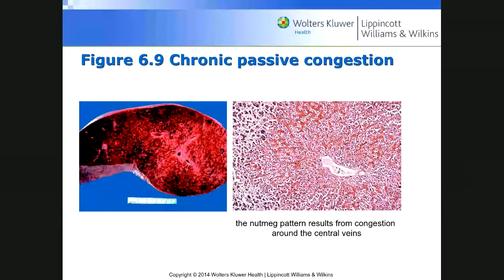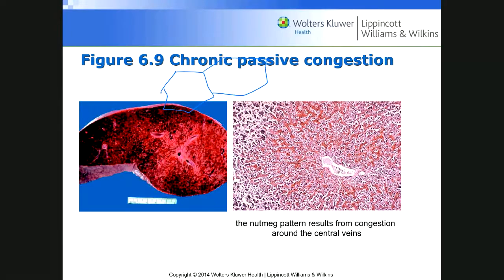It's called a nutmeg pattern. And a little bit about the liver lobule. A liver lobule has this area here, like a hexagon, another hexagon, another hexagon.